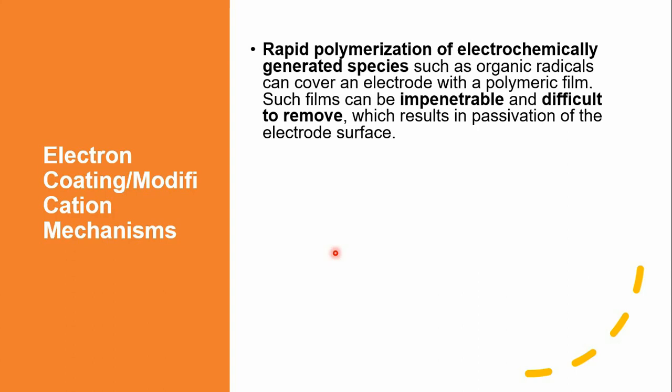Now there are some other mechanisms like electrode coating and modification mechanisms, in which, for example, rapid polymerization of some species generates organic radicals which cover electrodes with a film. These films are quite tough, impenetrable, and cannot be removed. Due to these reasons, they passivate the electrode surface.